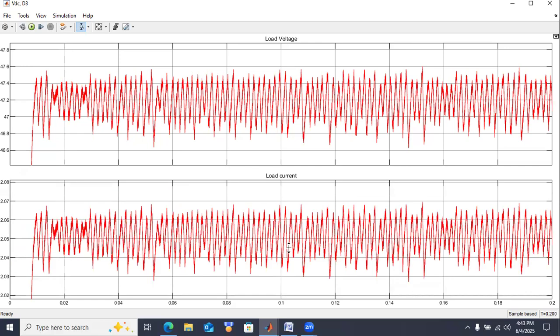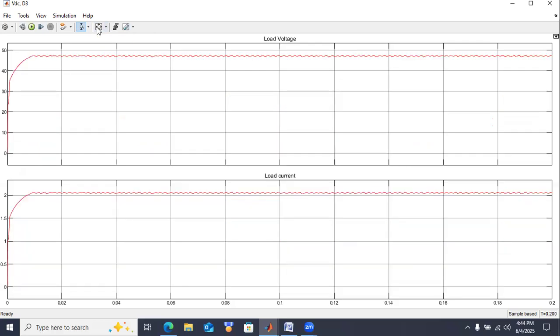The ripple current is from 2.03 amps to 2.07 amps. So 0.04 amps, and voltage is around 46.8 to 47.5. So 0.7 volt is the ripple voltage.